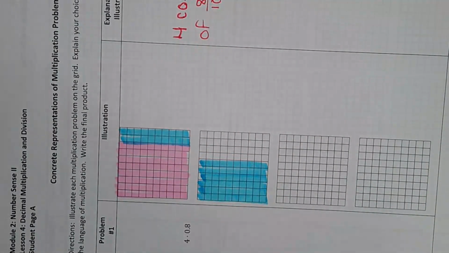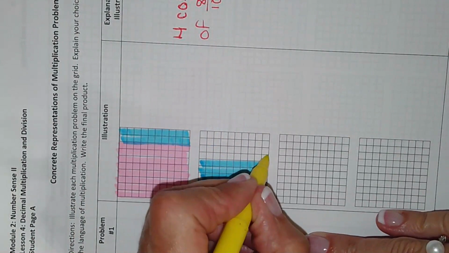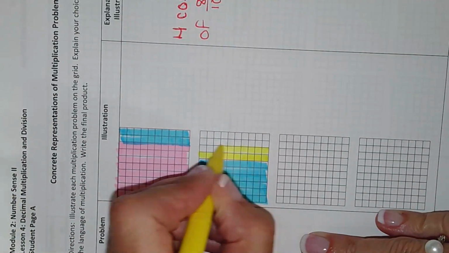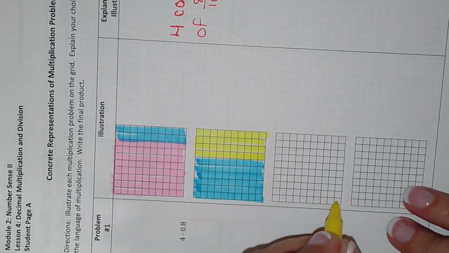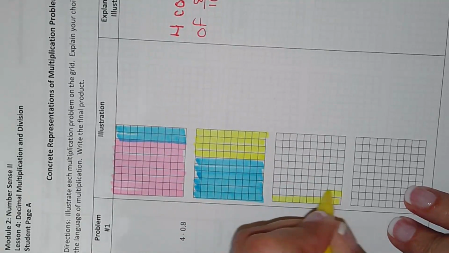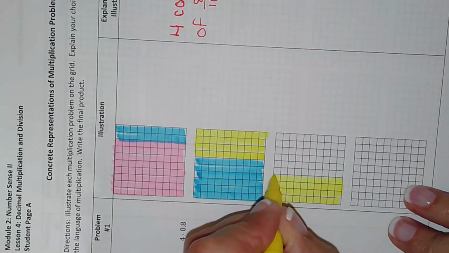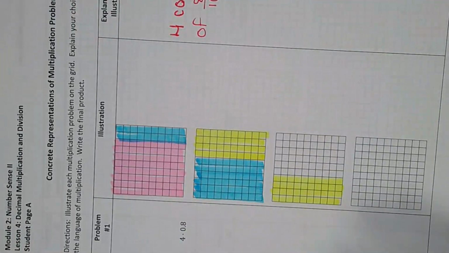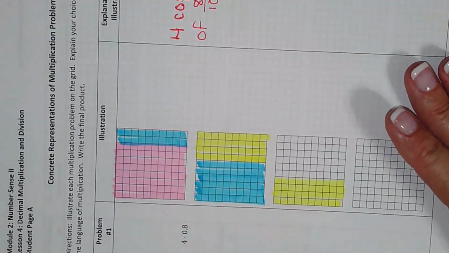And let's do the next one in a different color. So 3 copies of 8/10, 8 more. 1, 2, 3, 4, 5, 6, 7, 8. And 1 more copy because we need 4. So 1, 2, 3 copies of 8/10.